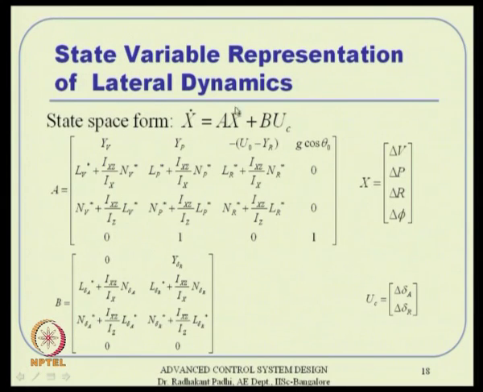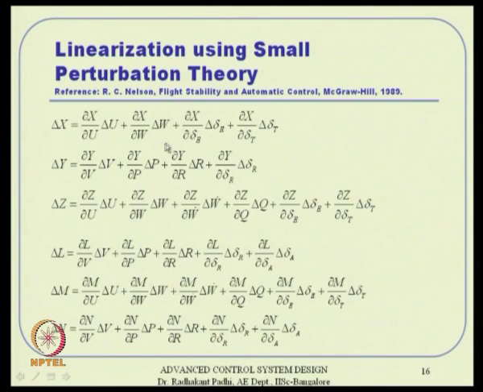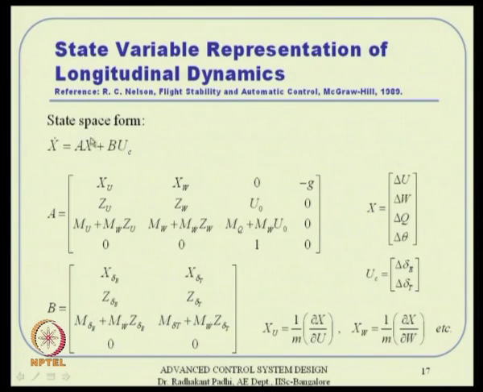Do not get confused with this x and that x, these are all like bookkeeping. This x is the aerodynamic force along the vehicle x axis, but that x means the state variables, part of the state variables grouped together. I think these are very self explanatory, nothing to get confused with. But if you consider x_u, whatever x_u you see here, this is del x by del u, where this x is the aerodynamic force.